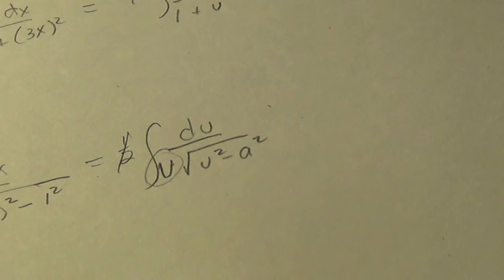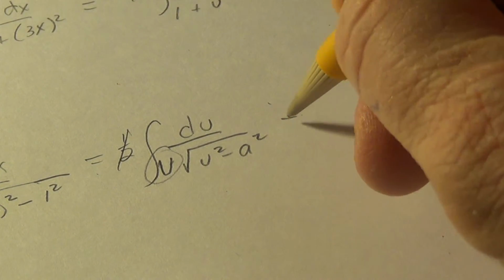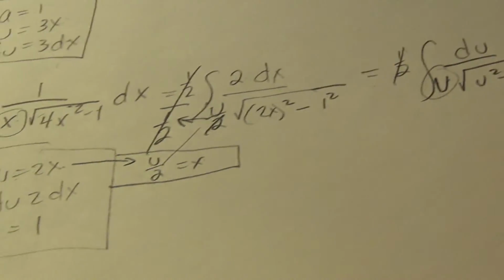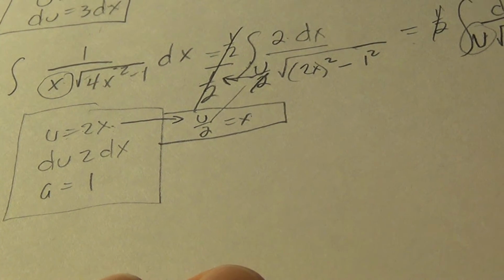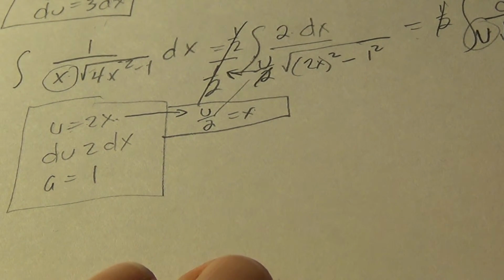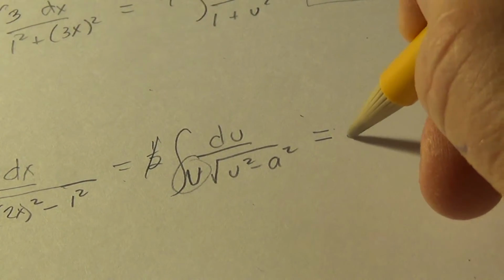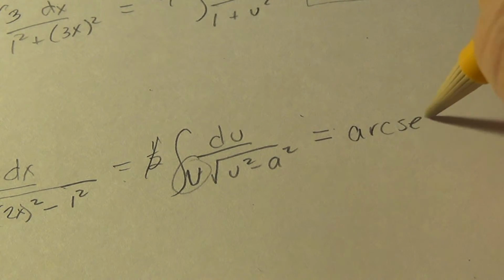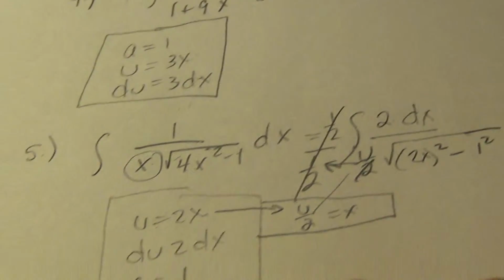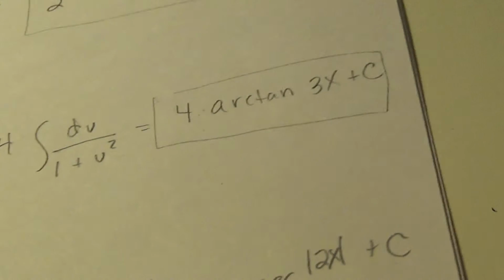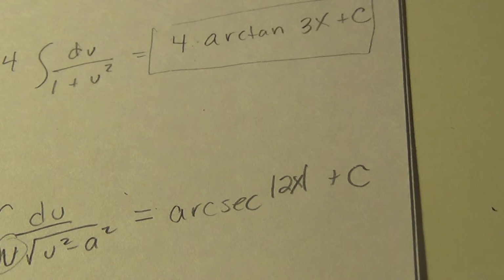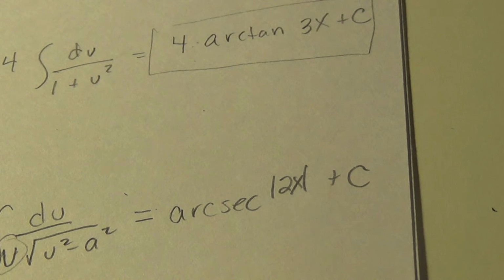So in this problem, keeping an eye on my box here, it will look like 1 over a, which is 1 over 1, so I won't even write that, arcsecant, absolute value of u, which was 2x, over a, which is 1, plus c. So very simplified answer. But you did have to go through all that to get it right.